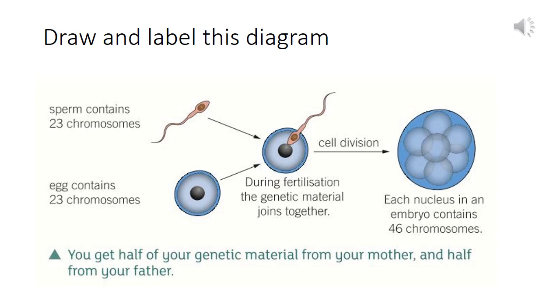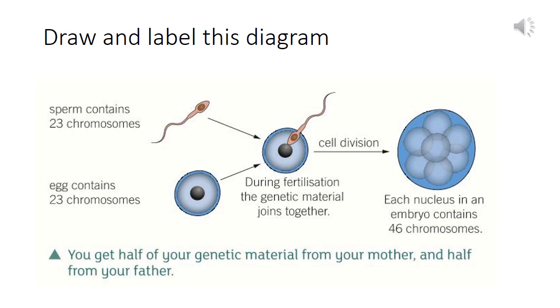Now, normally a cell in your body has got 46 chromosomes, but the sperm and the egg cells, sperm for men and egg for women, are very important because they've got half the number of chromosomes. One sperm contains 23 chromosomes, one egg contains 23 chromosomes.